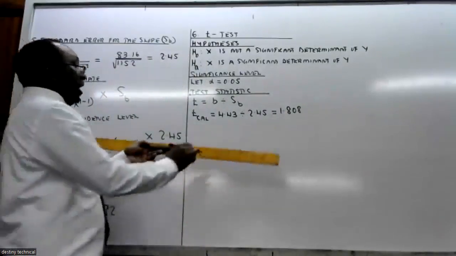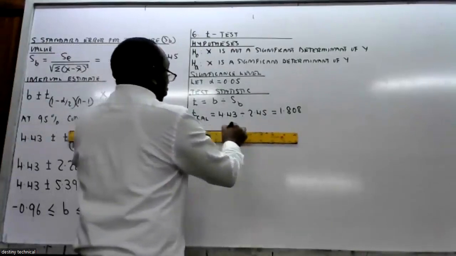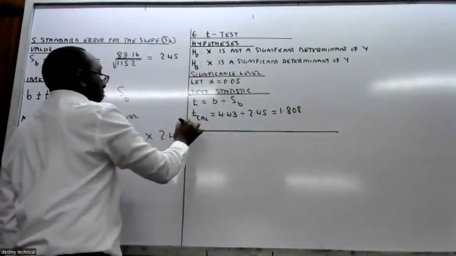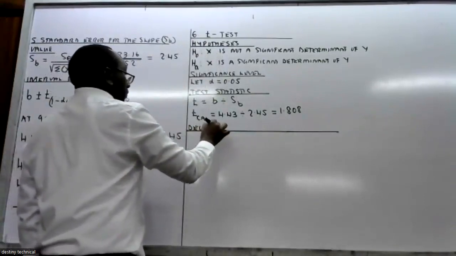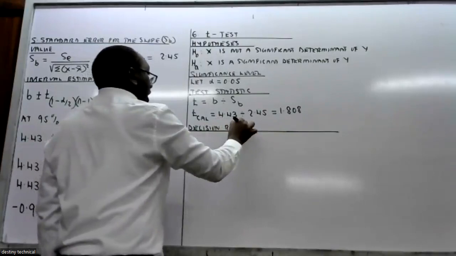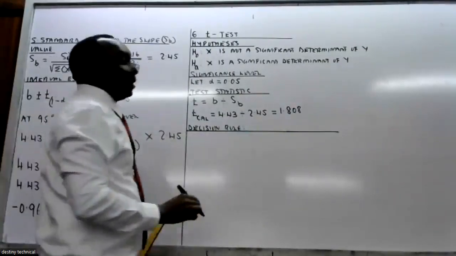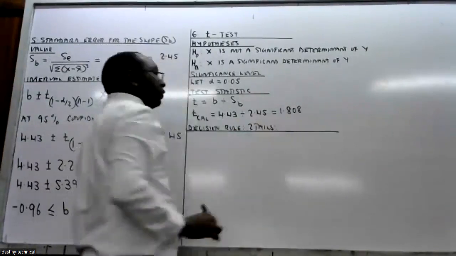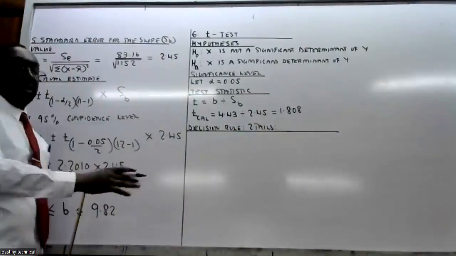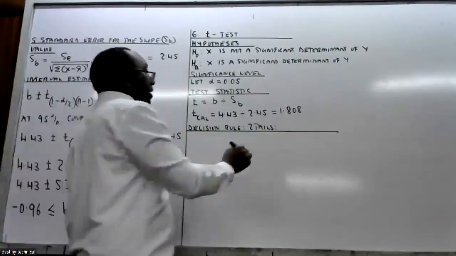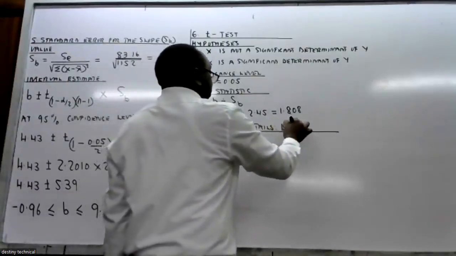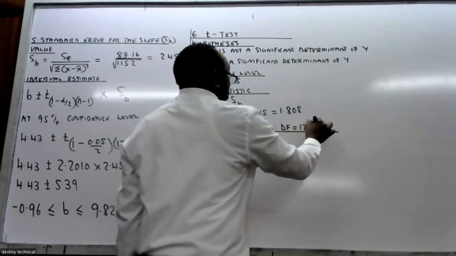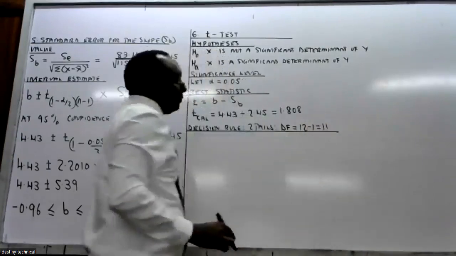Now, from there, the next step is the decision rule. And this decision rule is what we call two tails. Two tails meaning we are shading both sides. And then the degrees of freedom are 12 minus 1, which is 11.